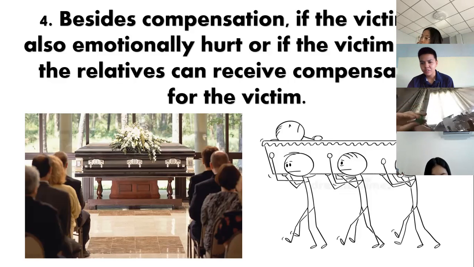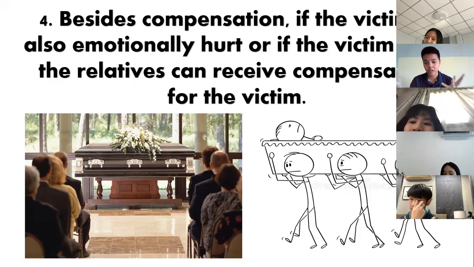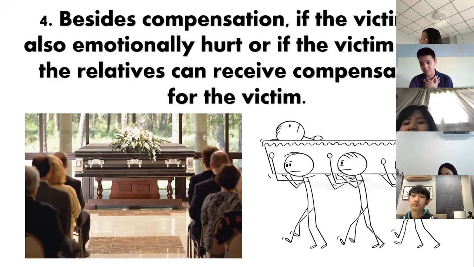Why do you make it as an example all the time? So let's say when I drink the milk tea, I died because of the product. And of course, if I die, no one is going to get the compensation, the money, or whatever the owner of the milk tea shop is going to give the victim or me. I am the victim. So my family or my relatives can be the one who's going to receive the compensation.